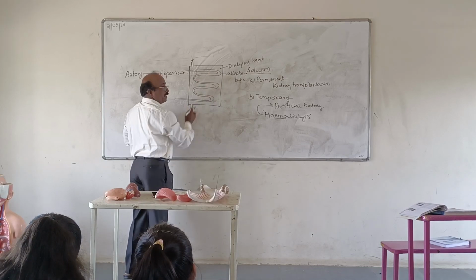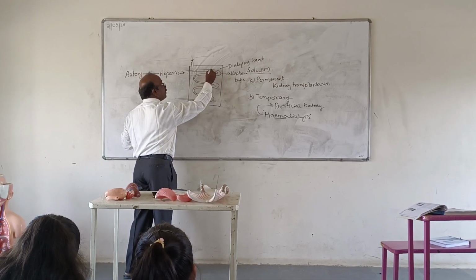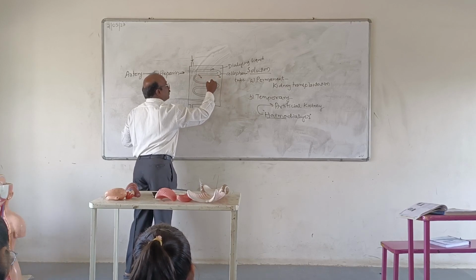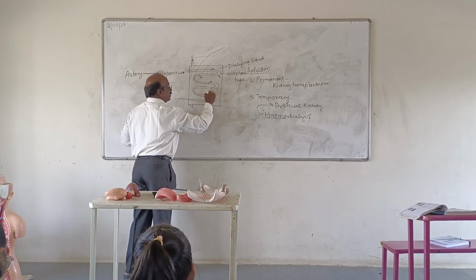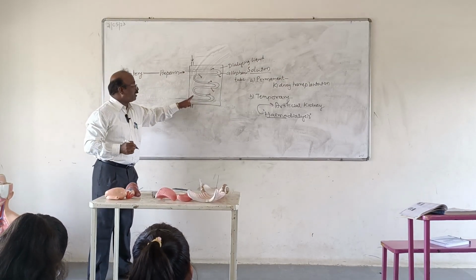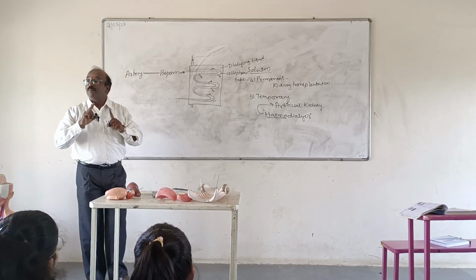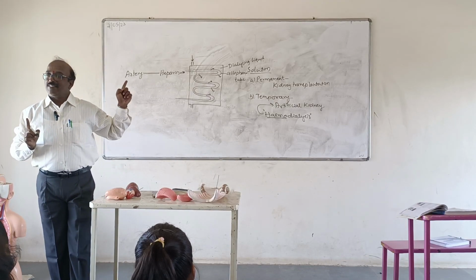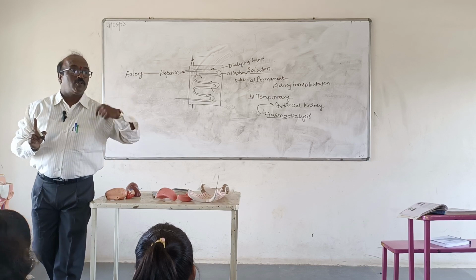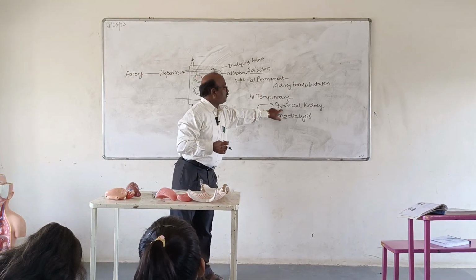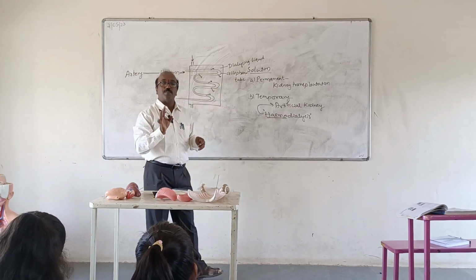When the blood is passing, the waste gets secreted here. One disadvantage in dialysis is there is no reabsorption. Kidneys have the capacity to reabsorb the things they need, but in the artificial kidney, there is no reabsorption.